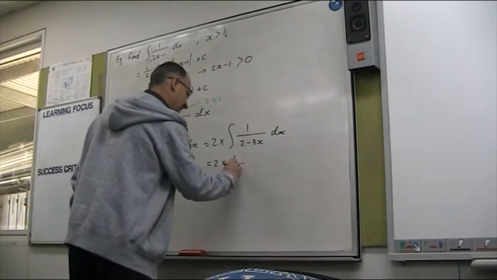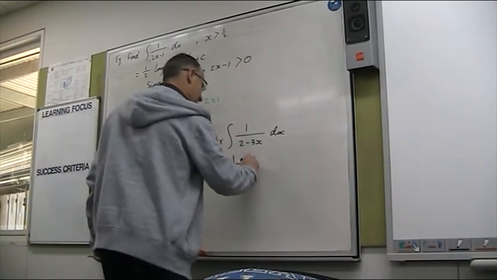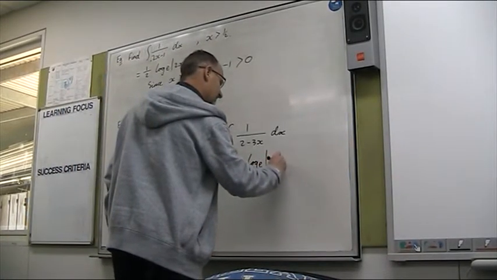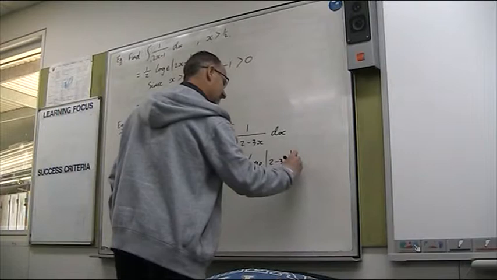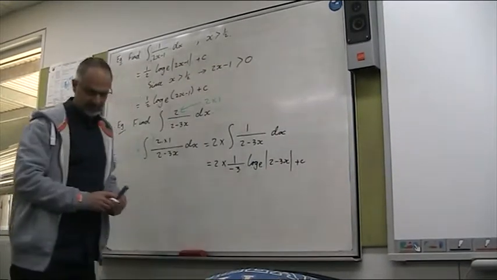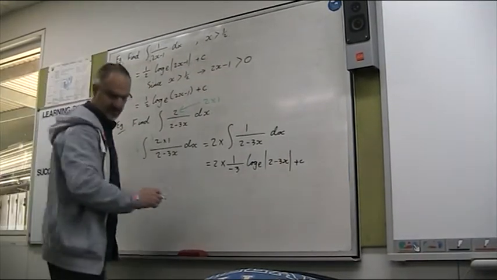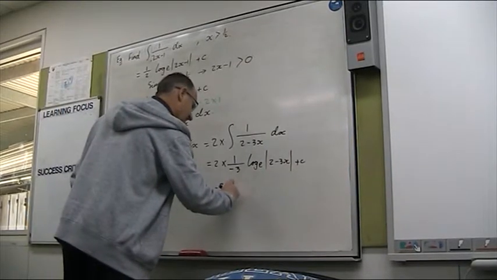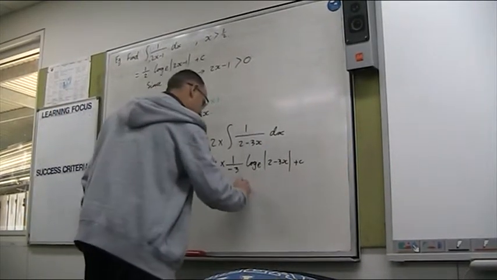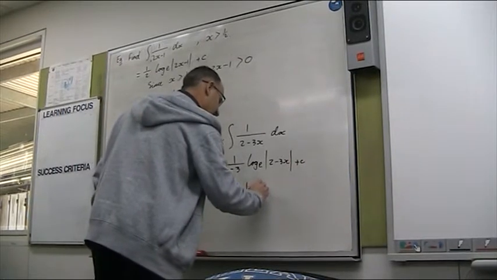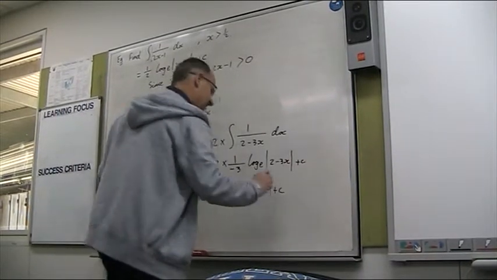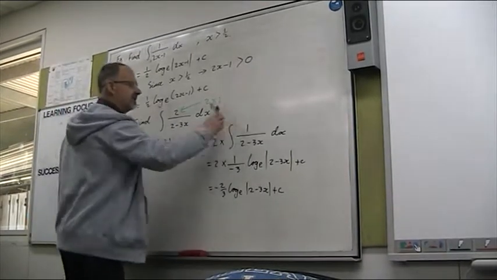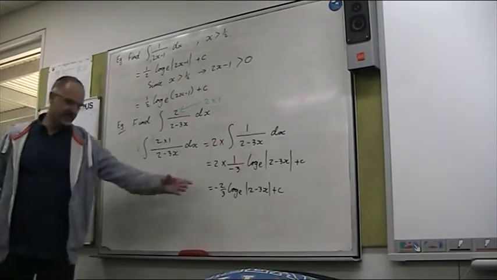So 1 over -3 log to the base e, absolute value of 2 minus 3x plus c. So that would then be -2/3 log to the base e, magnitude of 2 minus 3x plus c. In this question we were not given any domain restriction, so we leave it as it is.